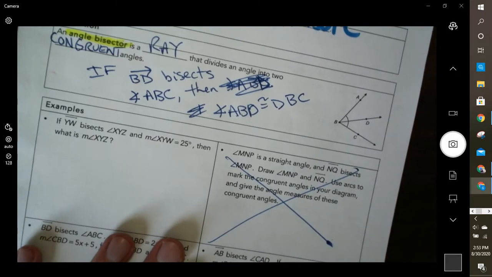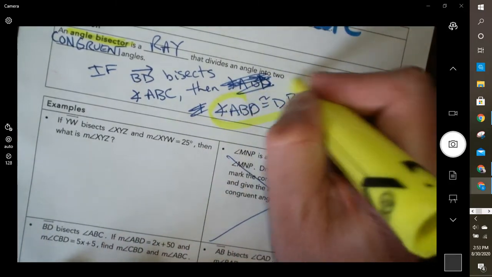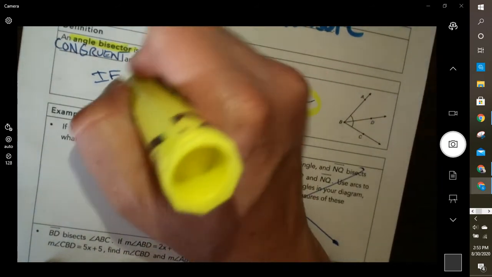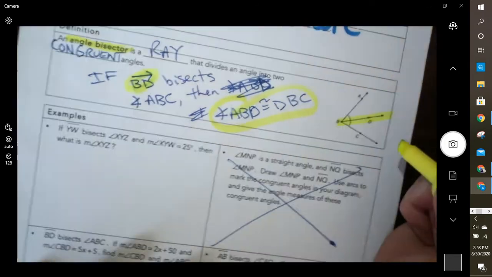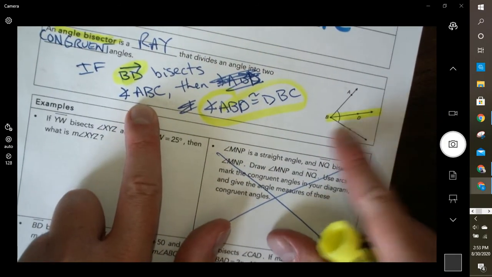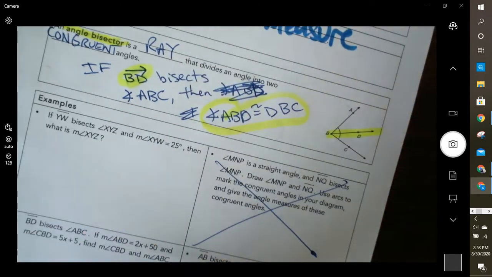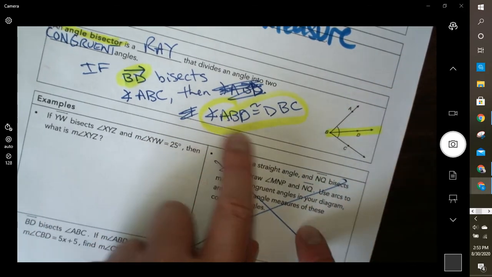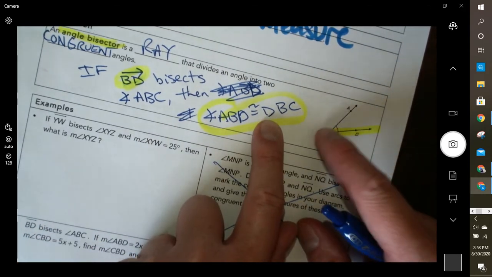So let's make sense of what we just wrote down. If ray BD, and here's our ray BD, we're saying it bisects, so this is a bisector. If it is, which we are calling it, it will split up the angle. Angle ABD will be congruent to angle DBC.